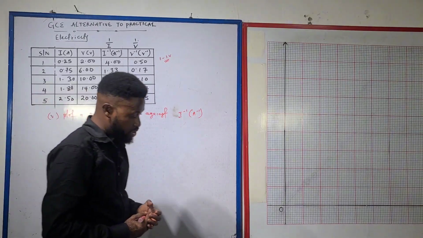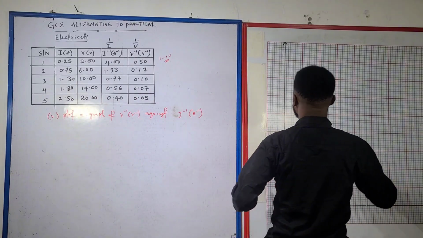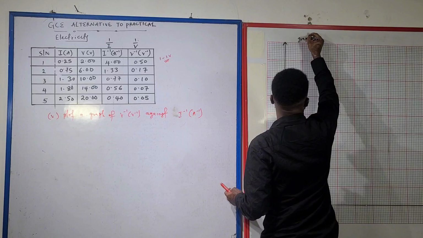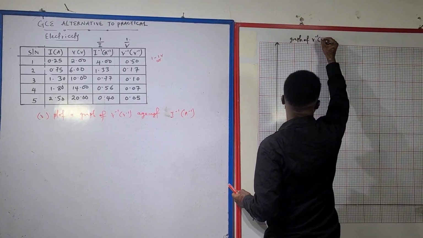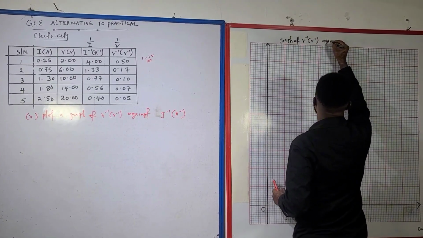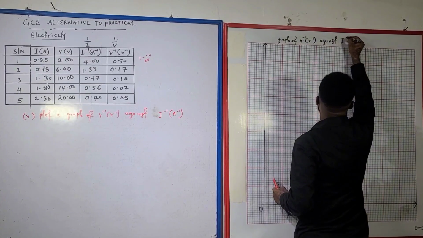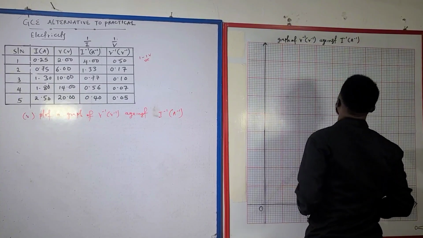Doing that, the first thing to do, like I always say, is to write your exact title: graph of V raised to power minus 1 in per volts against I raised to power minus 1 in per ampere.